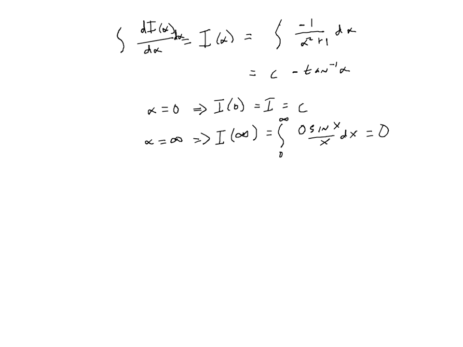According to Shams, this is 17.6.1. The integral of dx over x squared plus a squared is equal to 1 over a times the inverse tangent of x over a.